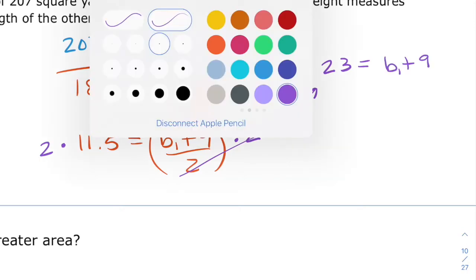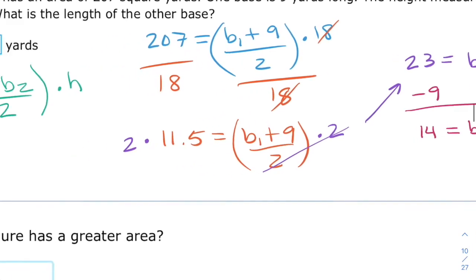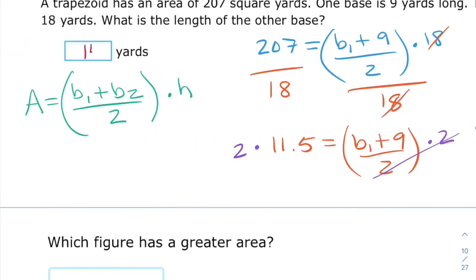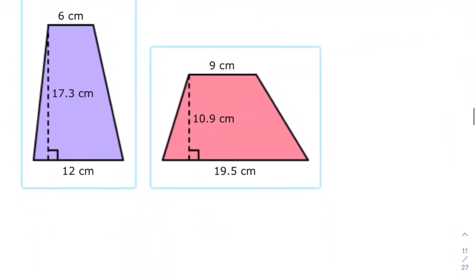And then we're going to take away 9 from both sides. So 14 equals B1. So the answer here is 14. All right, so that's solving for the missing piece.